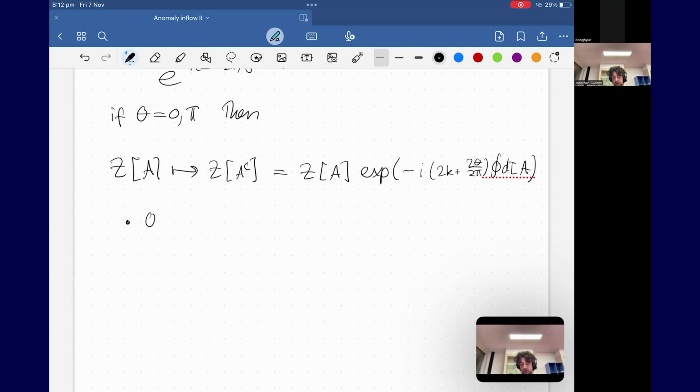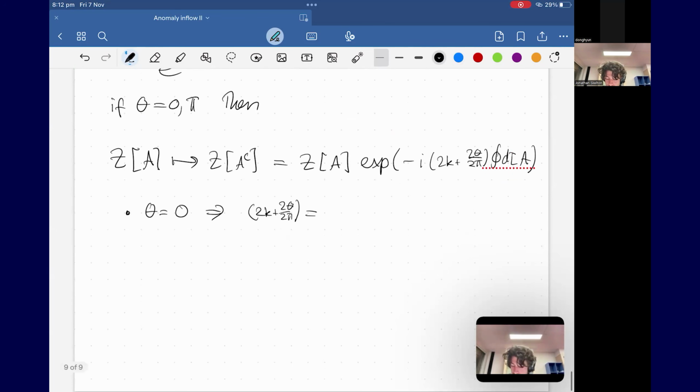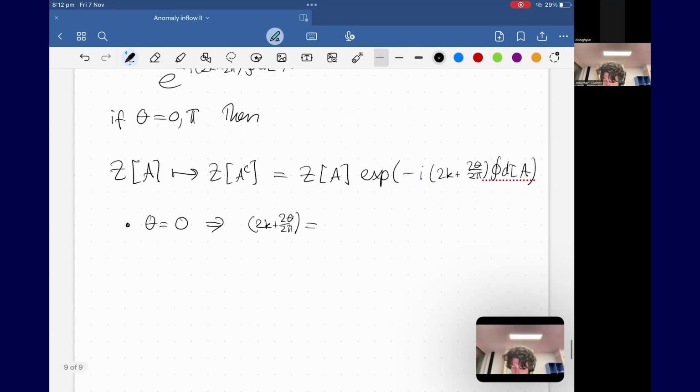So the first one is theta is 0, in which case we have 2k plus 2 theta on 2 pi is going to be equal to 2k, which can be absorbed into our counter terms.